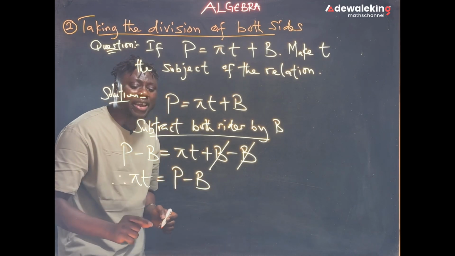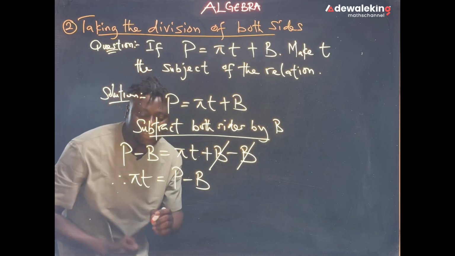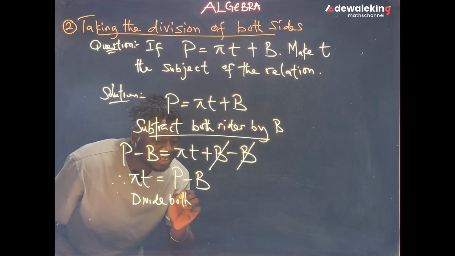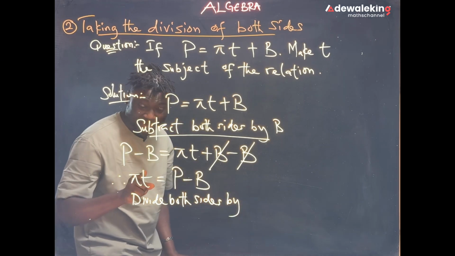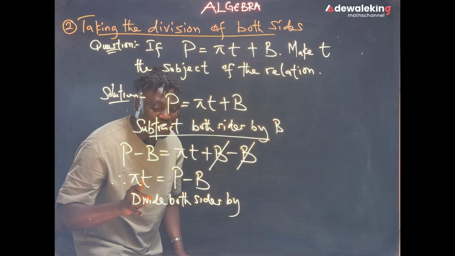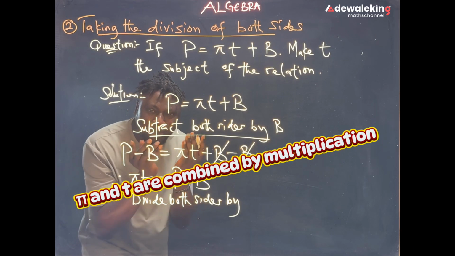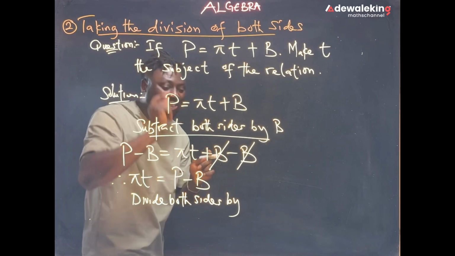So from here, we can now use the division of both sides. We say divide both sides by pi, because we want to make t the subject. Why do we do this? Because pi and t are combined by multiplication. That's why we are using division.